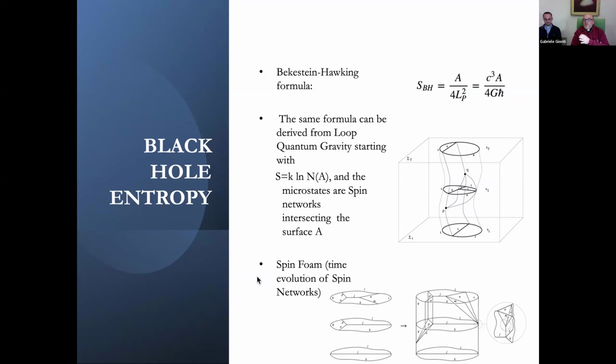The same formula can be derived by loop quantum gravity, and you find that if you write the entropy like the formula I wrote, K times the logarithm of the number of microstates of the spin network, you get the same formula of Bekenstein and Hawking.